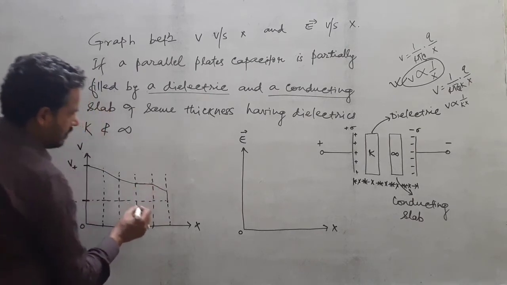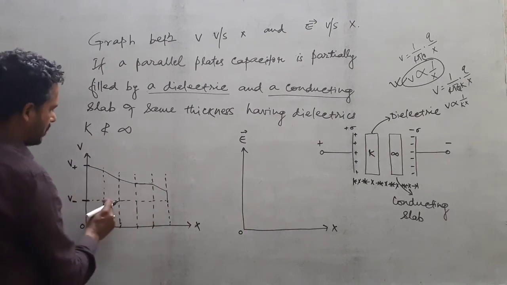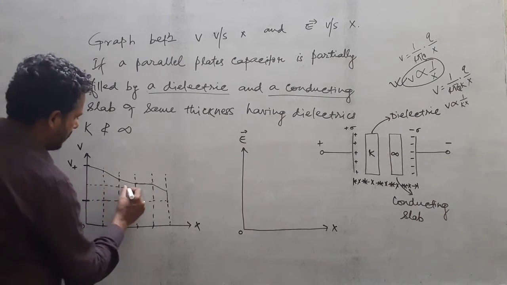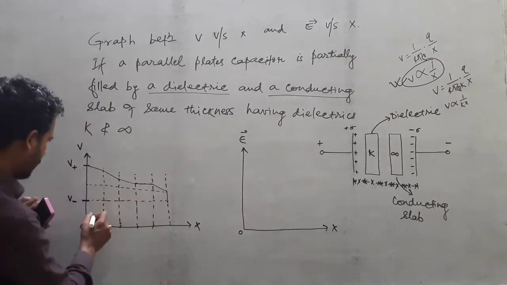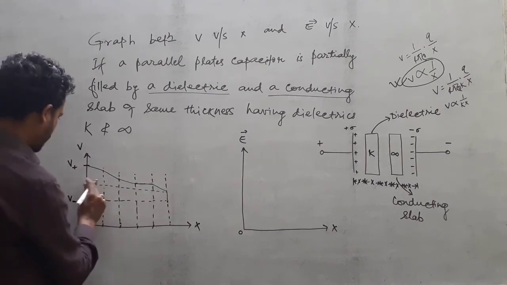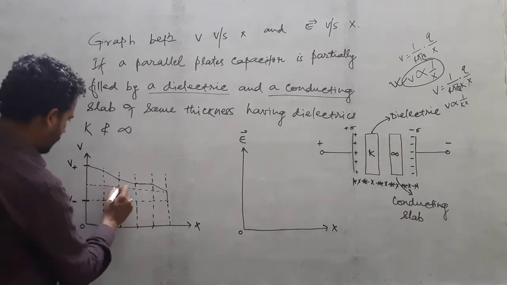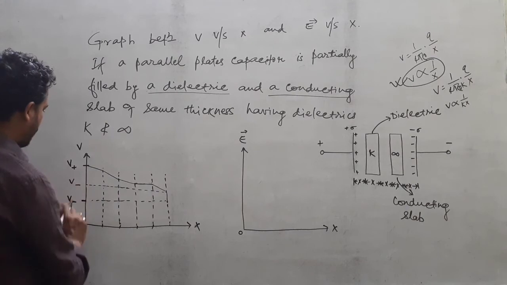This one is called your V negative. So you just change this line from here to there like that. So this one is your graph. So V negative will be there.